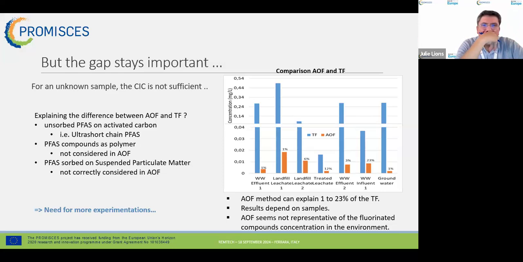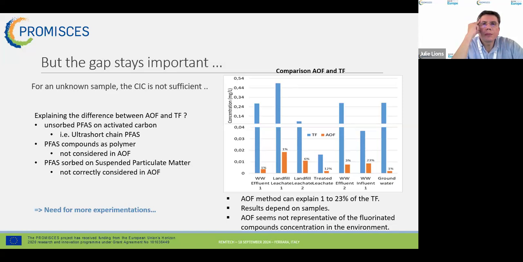There are different explanations, of course. We have some PFAS, for example the ultra-short chain, that are not adsorbed on activated carbon, so we miss this fraction. The PFAS present as polymers are also not considered in the AOF, and also, for example, the PFAS on suspended particulate matter or organic matter are not adsorbed by the activated carbon.